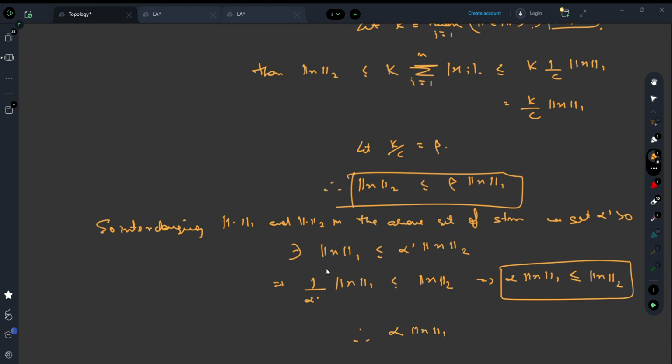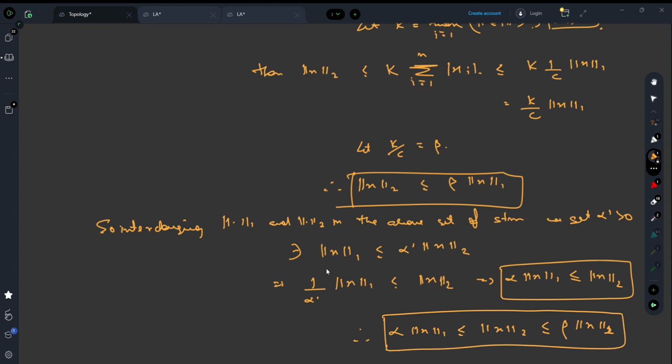So this is one thing we got. Both of these imply that alpha times norm 1 of x is less than or equal to norm 2 of x, less than or equal to beta times norm 1 of x. And this is the exact definition of equivalent norms. I guess it's clear.